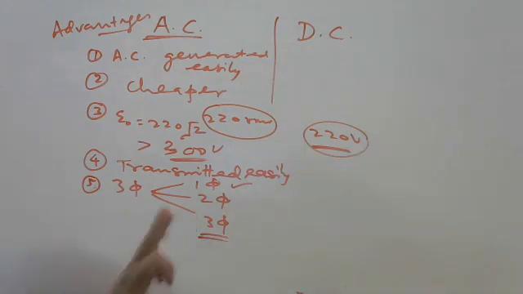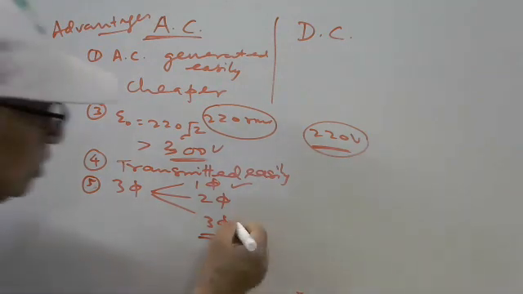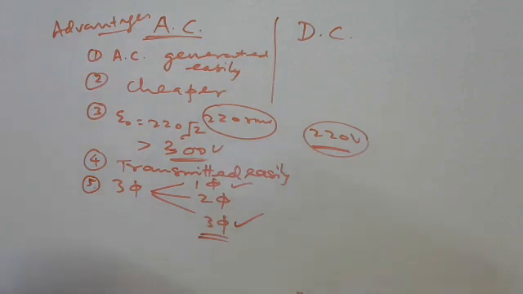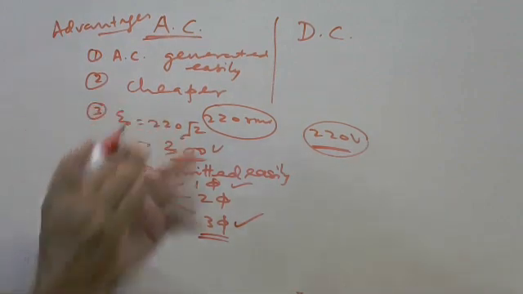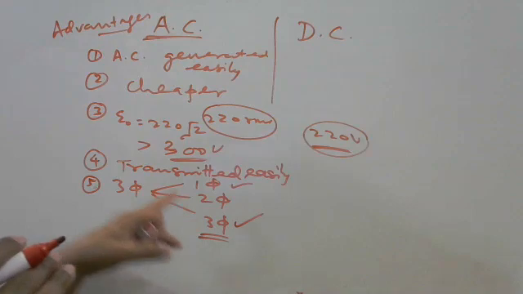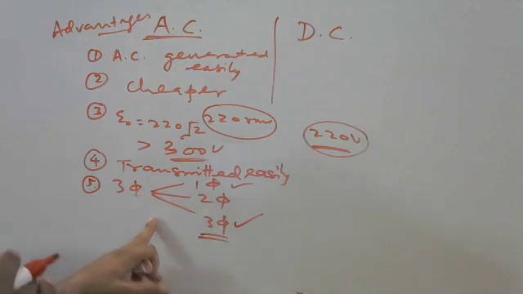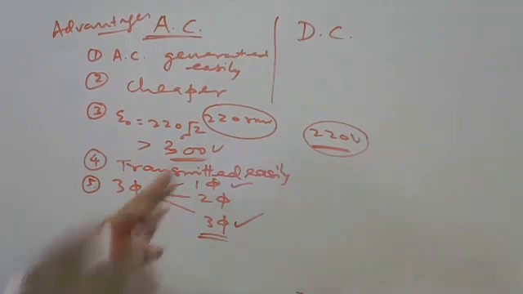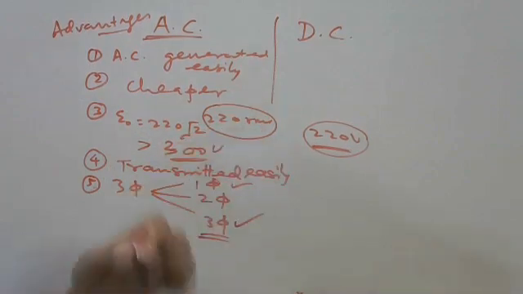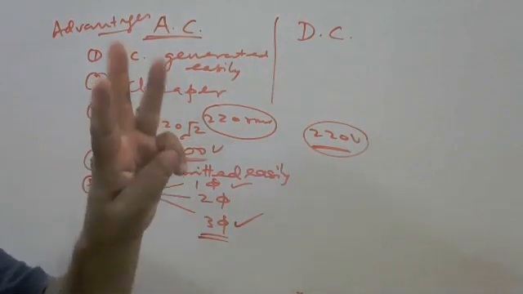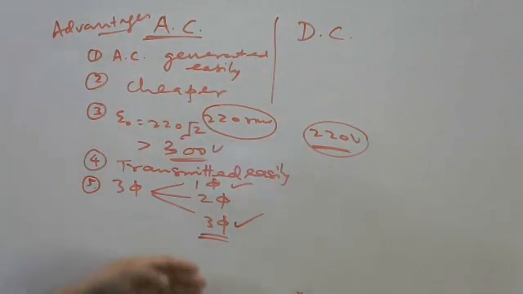Those who have 3-4 ACs in their house get a 3-phase meter installed. That is cheaper also. And it is very advantageous to the generating stations and distribution centers also, because the load is distributed over 3 phases instead of a single phase. So it is very good here.